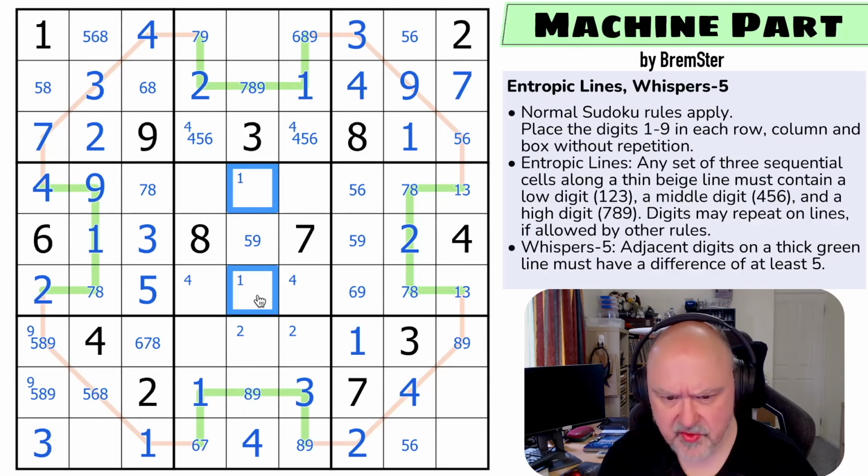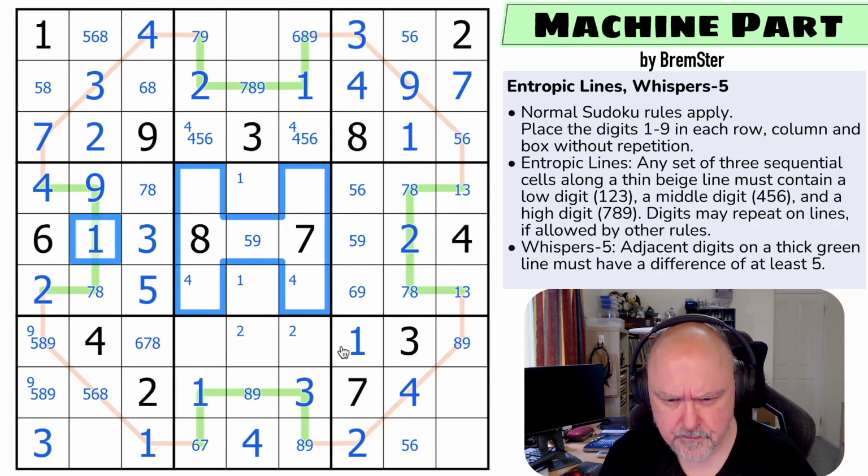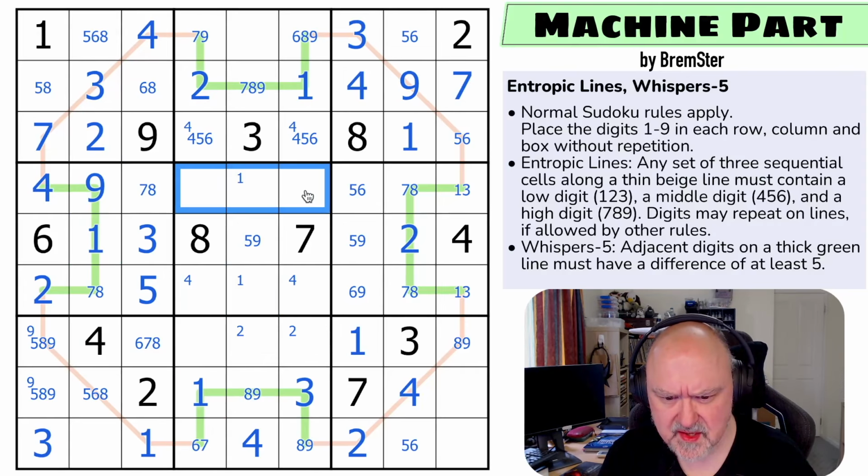One is in one of those two because of these ones. 2 is up here in one of those two. 3, I don't know. 4 is in one of those two.